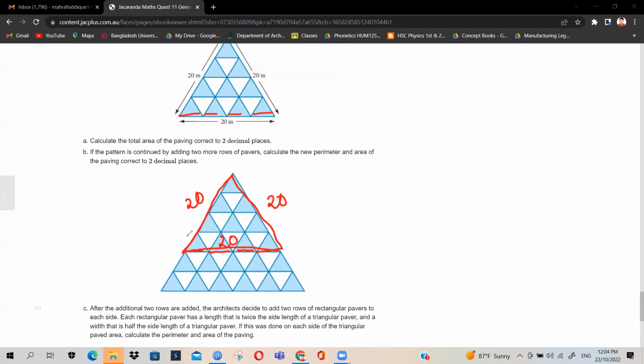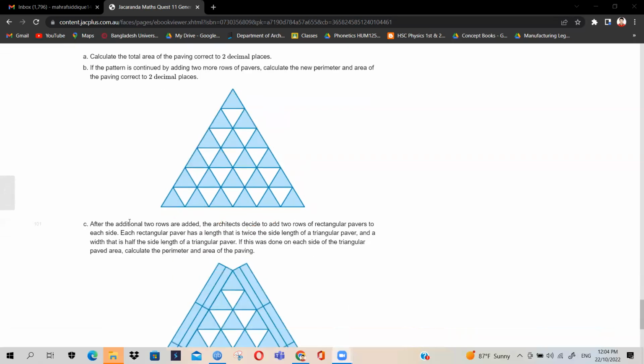Isosceles is where two sides are equal, right? Yes. So this will be 5 added, and this is also 5 added. This is 5 added, and this is 5 added. And also here 6 fives will be added. Understand? Yes. So then you can easily calculate the perimeter. I hope you will be able to do it. So 30, 30, 30. That would be your perimeter, 30 plus 30 plus 30.